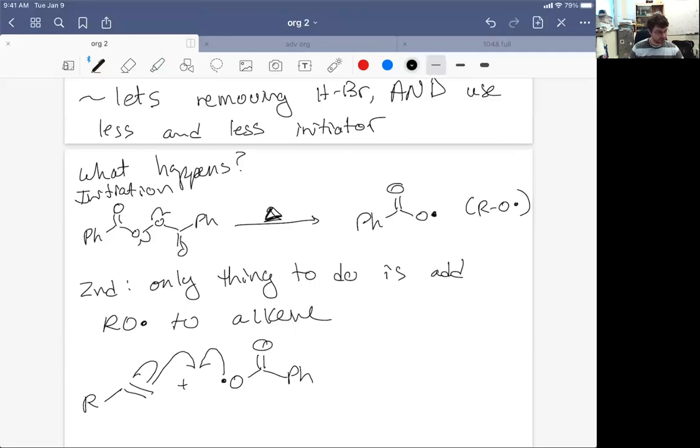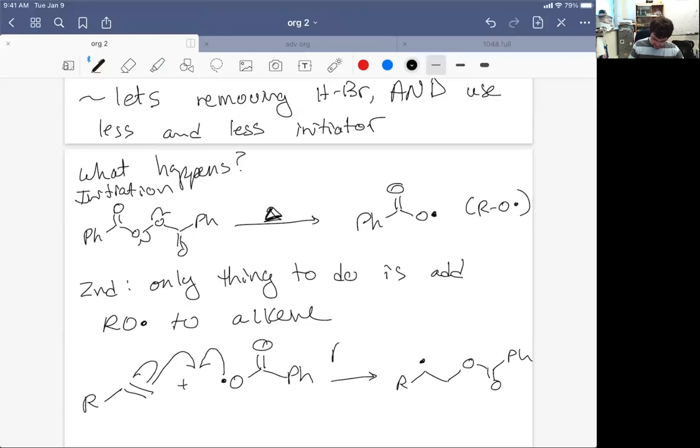The other electron moves over to the opposite side. In this case, we're going to put the radical in the more substituted position because that makes a secondary and more stable free radical intermediate. The oxygen is now bound to the less substituted position. It's sort of taking the place of the bromine radical that we saw last time. We still have the benzoyl group attached, which is going to look like this.